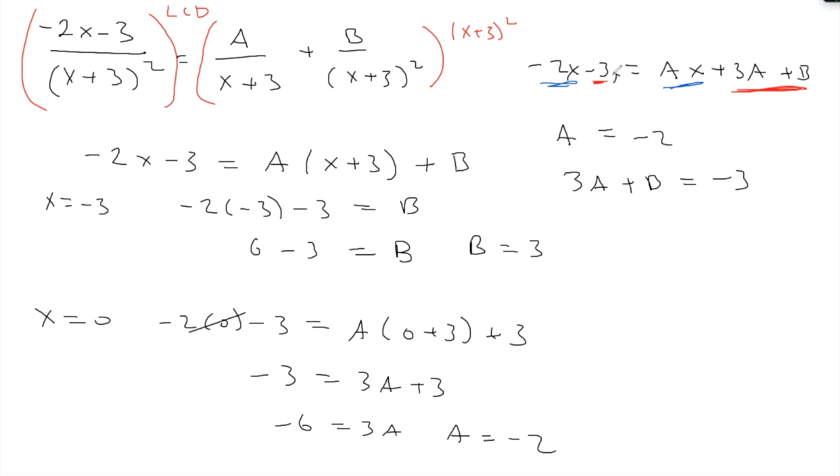And this is like x to the 0, and this is like times x to the 0. So what I'm doing is setting the coefficients. The a is equal to negative 2, and the 3a plus b is equal to negative 3. And right here we got a is negative 2, so we'll toss that in. Negative 2 plus b equals negative 3. And there's add 6 to both sides. And then there's the exact same, b equals 3 and a equals negative 2, either way you go.